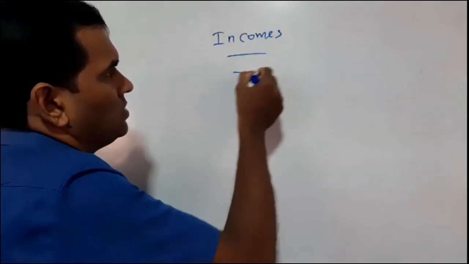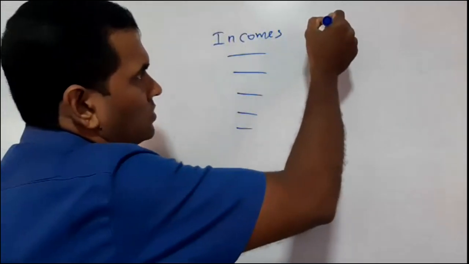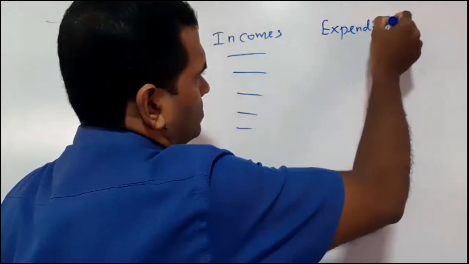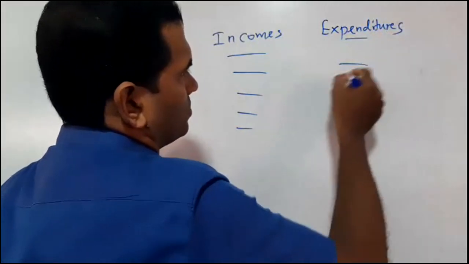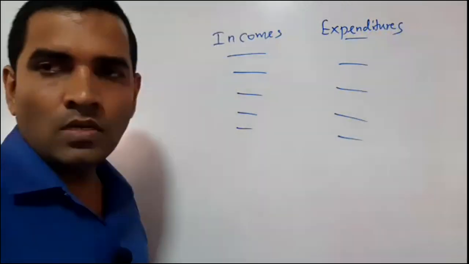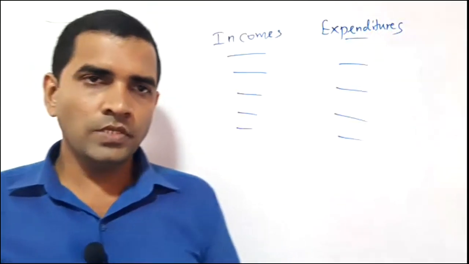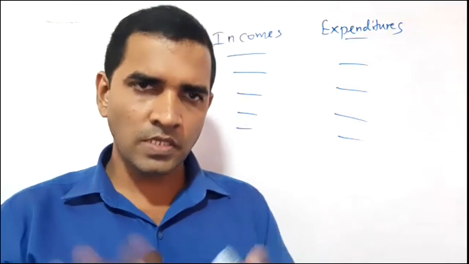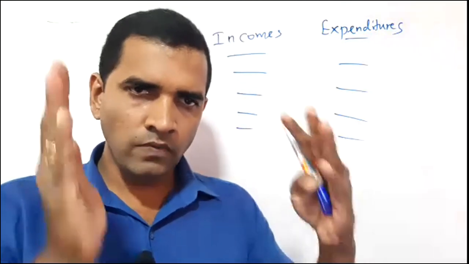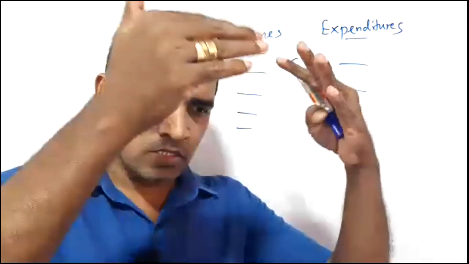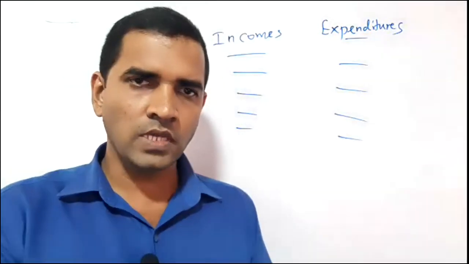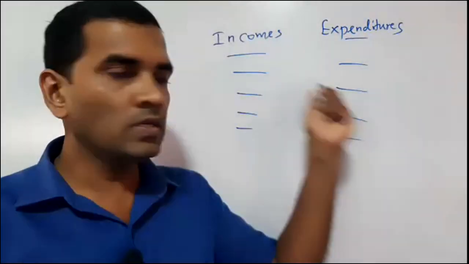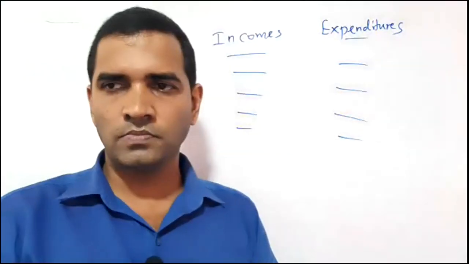Incomes are written and also expenditures. So this shop owner keeps these things. Every day he allocates a space for these things.